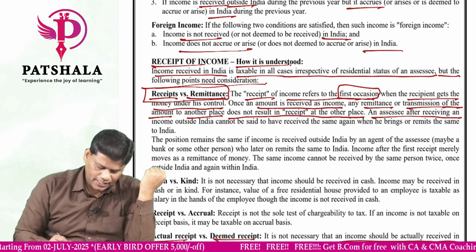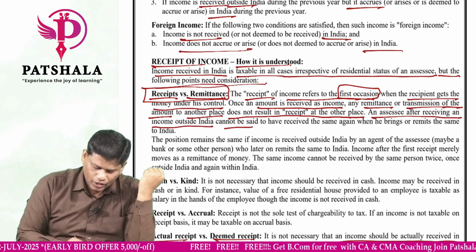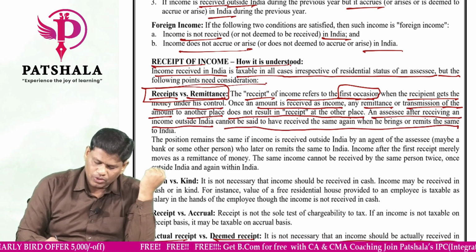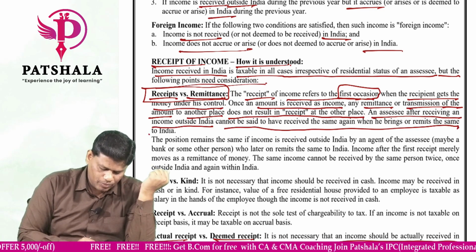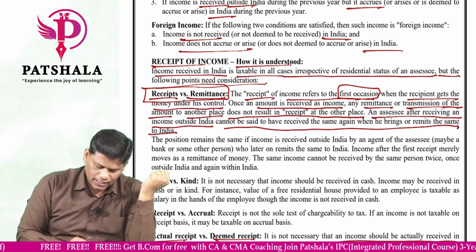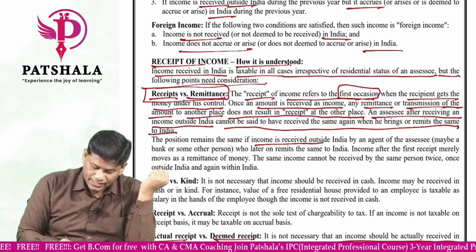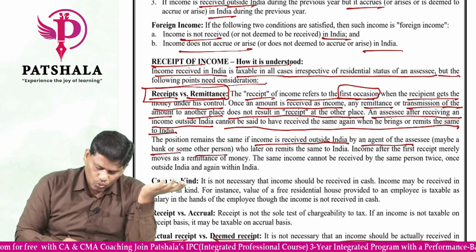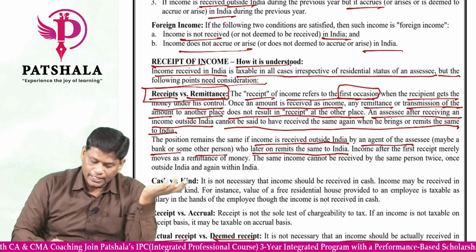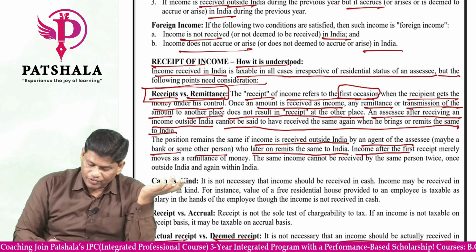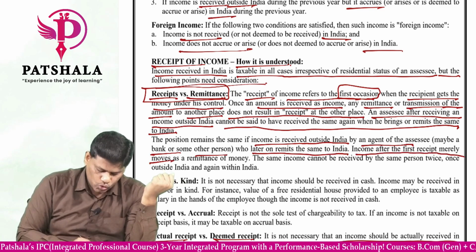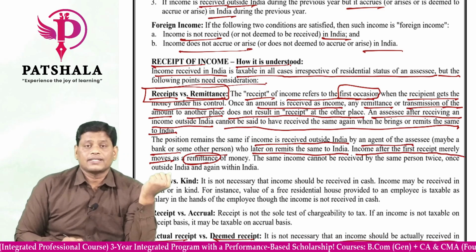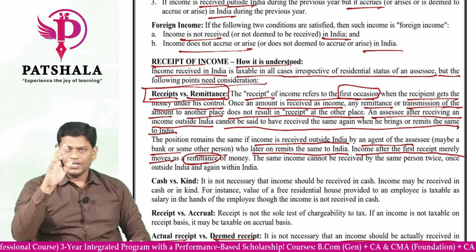An assessee after receiving an amount outside India cannot be said to have received the same amount again when he brings or remits the same to India. The position remains the same if the income is received outside India by an agent, maybe a bank or someone who later on remits the same to India. So income after the first receipt merely moves as a remittance.